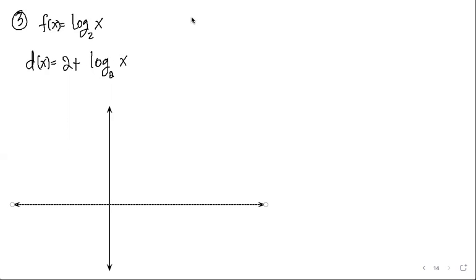It goes up the y-axis by 2. Exactly, this is what I mean. So adding 2 means we have to shift it up 2 units. My original function is like this. This is the logarithm function, this is f of x.